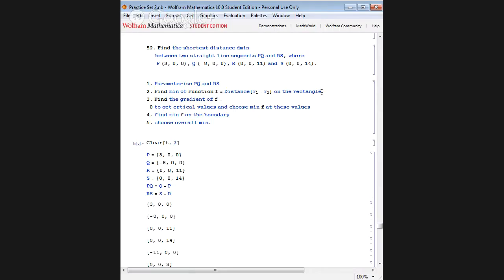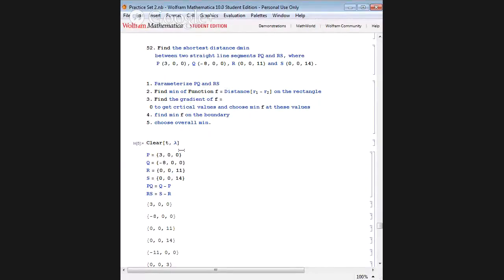I get the minimum distance, which is outside the bound, so I threw that out. But then I started looking at the boundary, and I assume that's the part where we're having an issue.